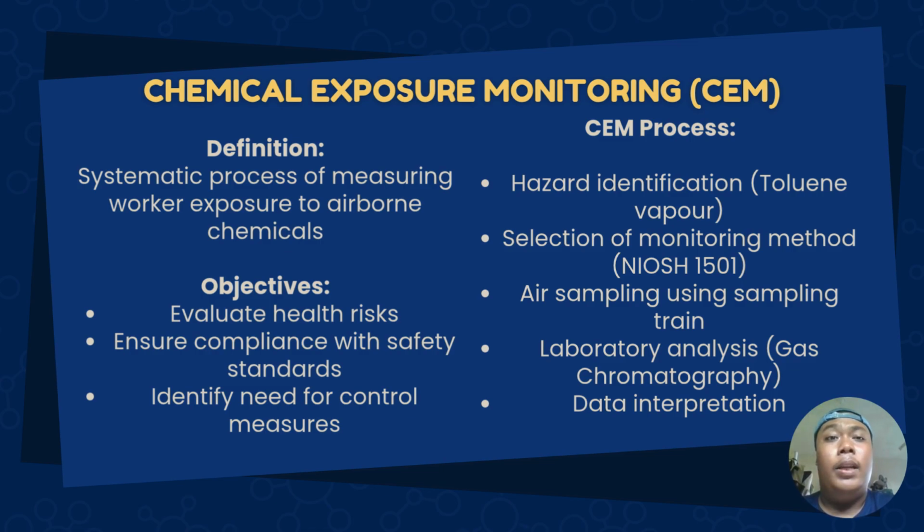Next, sampling is carried out using a sampling train that includes a sampling pump, tubing, and a charcoal sorbent tube. The collected samples are then sent to the laboratory for analysis using gas chromatography.